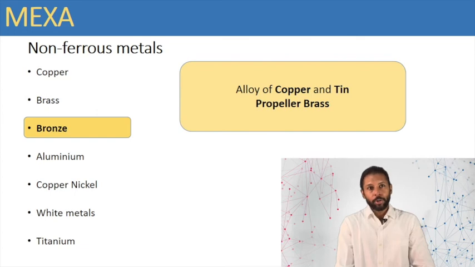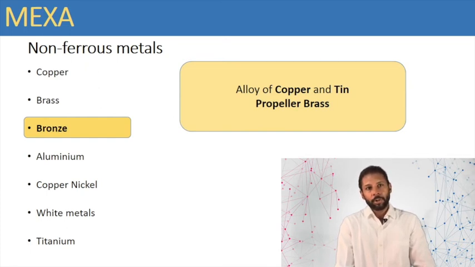Bronze is an alloy of copper and tin, but the term bronze is frequently used today to indicate a superior type of brass. It resists the corrosive effect of seawater, has considerable resistance to wear, and is used in many marine fittings.